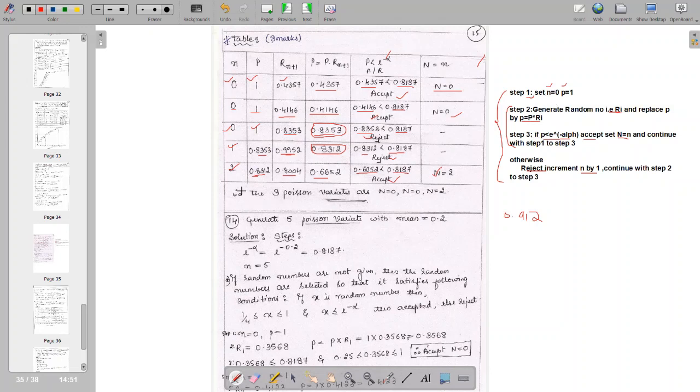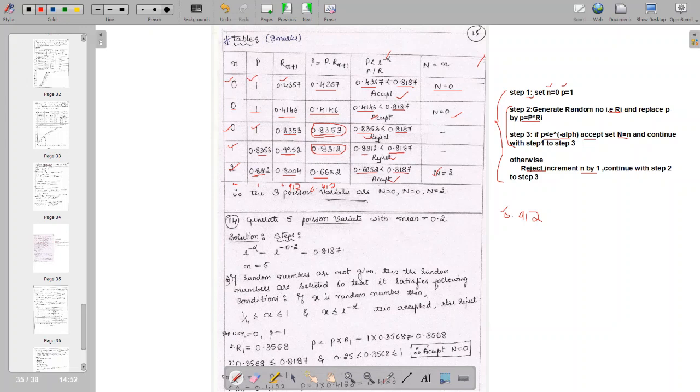Then in the next case n became 0, p became 1. Next random number is 0.9192. Multiply 1 with 0.9192. Is 0.9192 less than 0.8187?